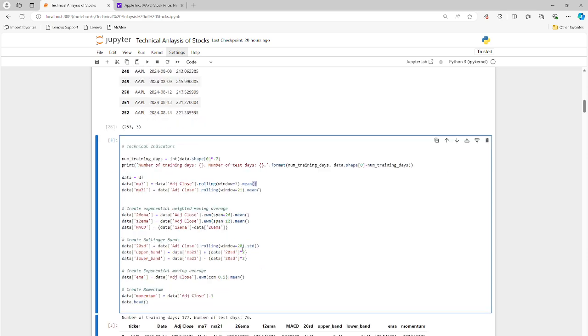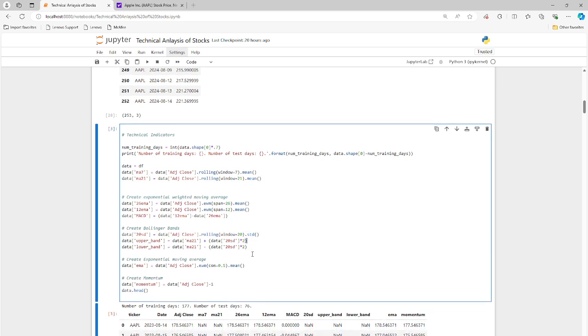And then we're going to get the Bollinger Bands. These are two standard deviations from the 20-day standard deviation. So again, we have a rolling window, instead of the mean, we have the standard deviation over a window of 20 days. We're going to get this 20-day standard deviation and take two standard deviations from that.